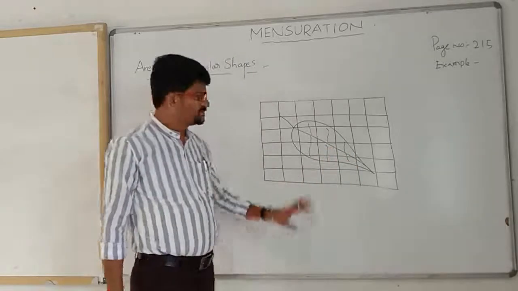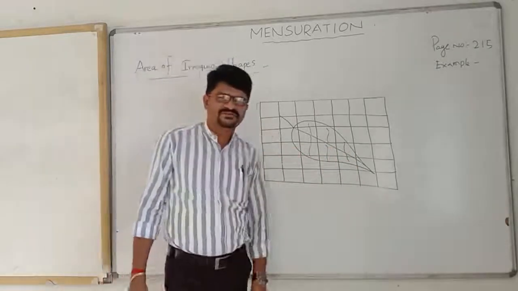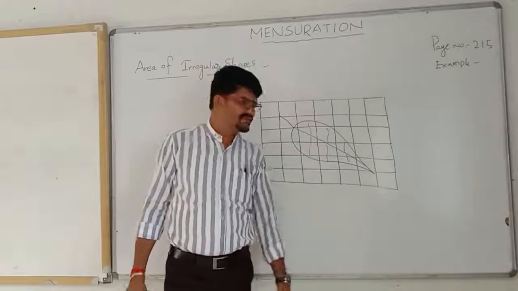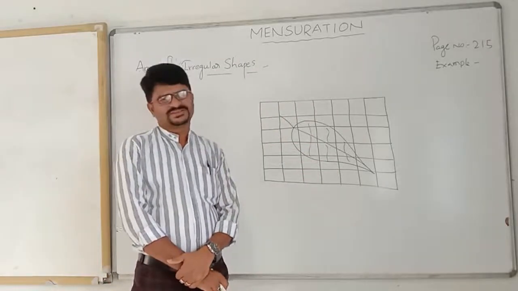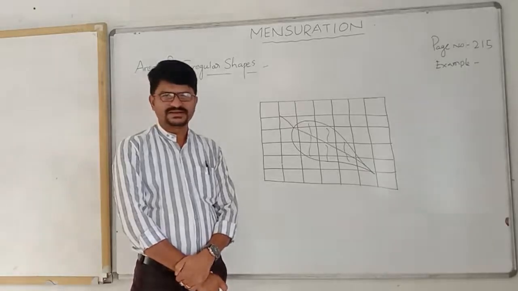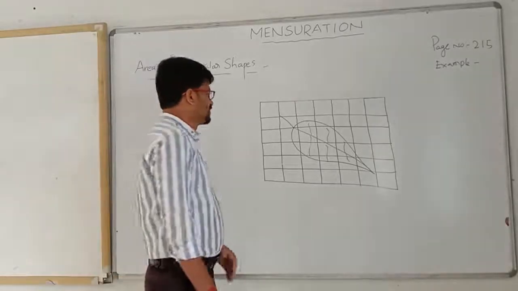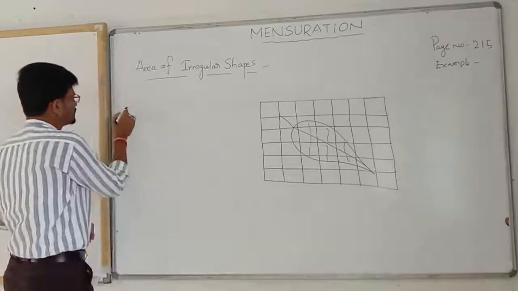See this, this is a leaf. Find the area of this leaf. Clear, children? Now, solution.